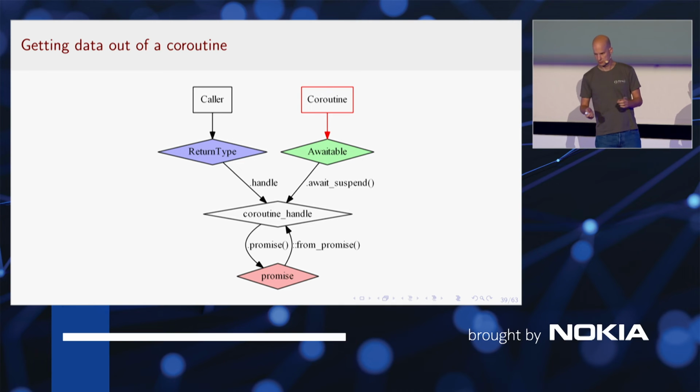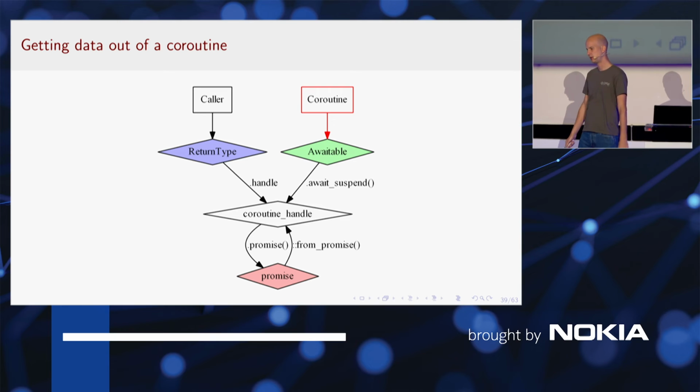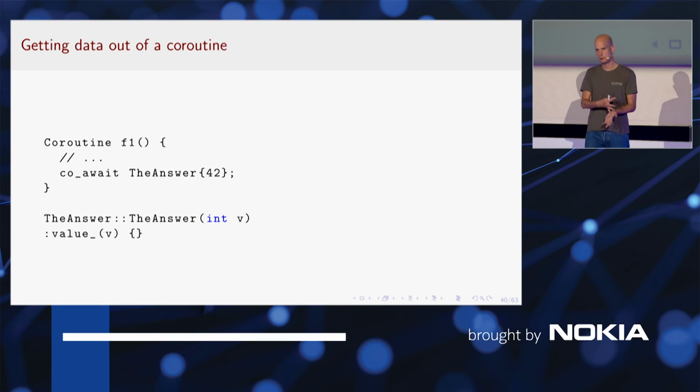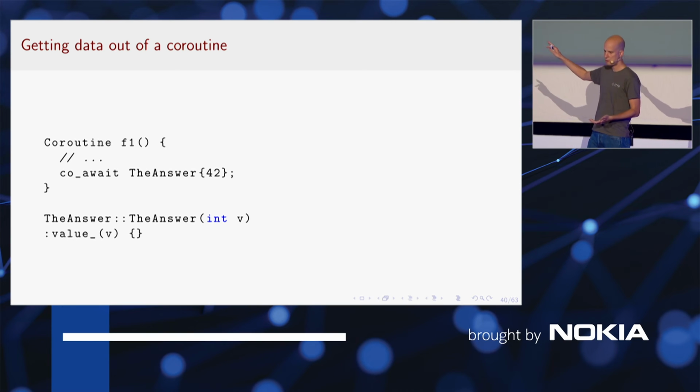So we're in the coroutine, we have some data that we want to get out. The only thing that we can reach from the coroutine is the awaitable. So let's draft up a simple example like this. We have a coroutine, we want to pass the value 42 out to our caller. The only thing that I can do is have it in the co-await call, hand it to the awaitable.